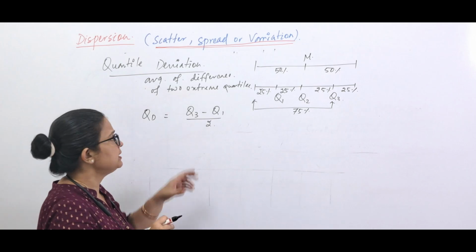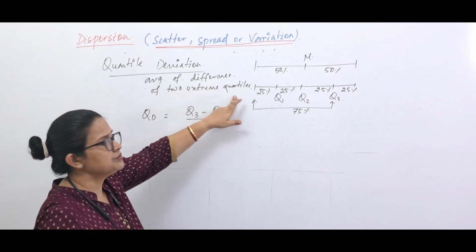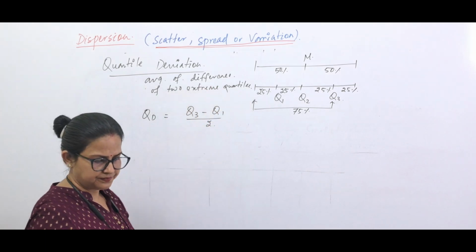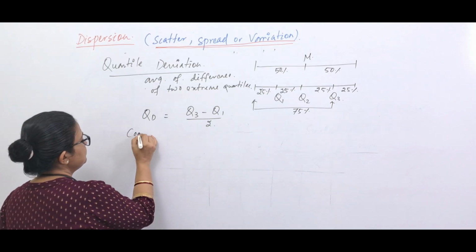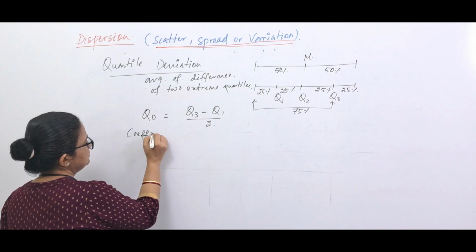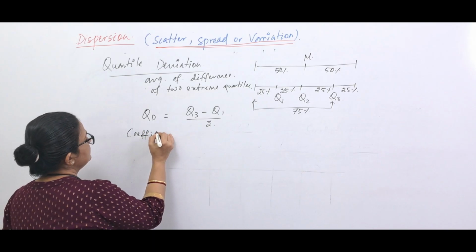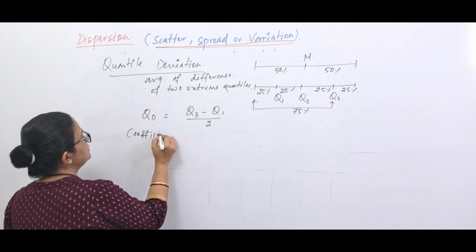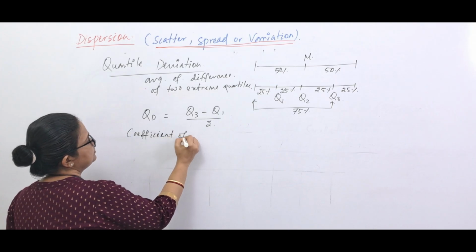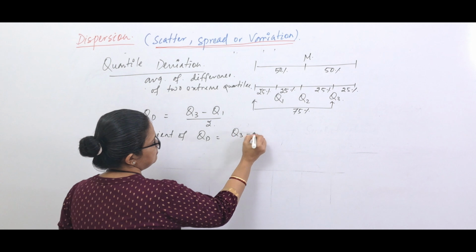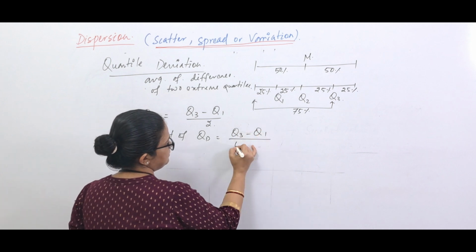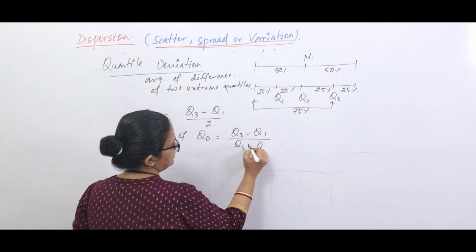It is the average of the difference of two extreme quartiles. The coefficient of quartile deviation is equal to (Q3 minus Q1) divided by (Q3 plus Q1).